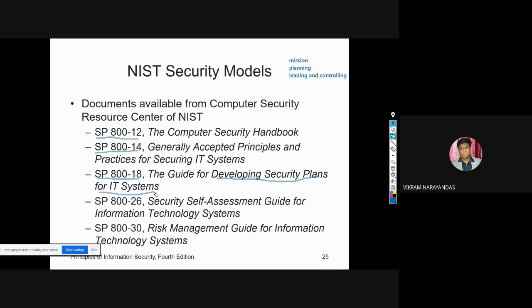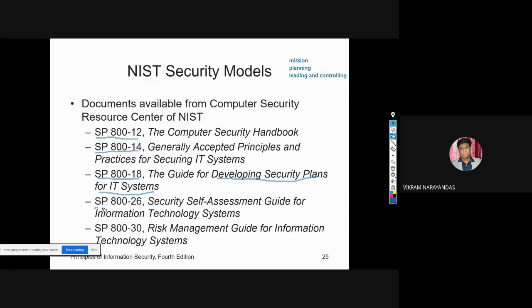It serves as a guide for activities and the information security planning process. This publication includes some templates for major applications of security plans.